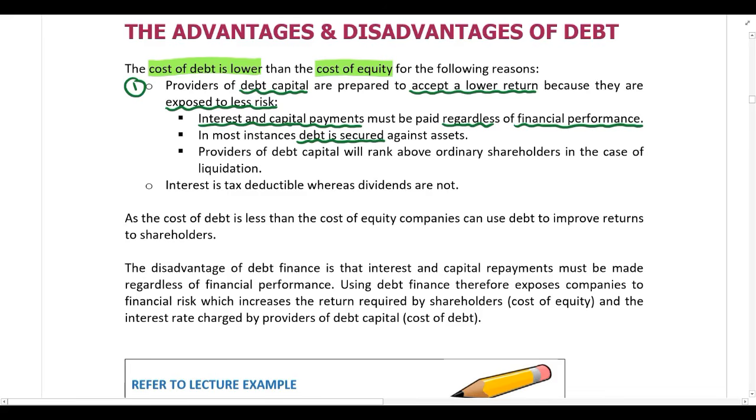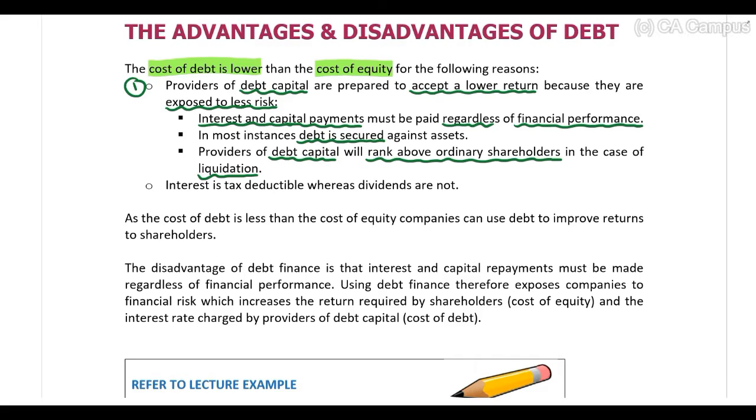And then lastly, the providers of debt capital will rank above ordinary shareholders in the case of a liquidation. So if the company is liquidated, debt providers get their money back first, and if there's anything left over, that will go to the ordinary shareholders. But if there's not anything left over, the ordinary shareholders have the biggest loss when it comes to the liquidation of a company.